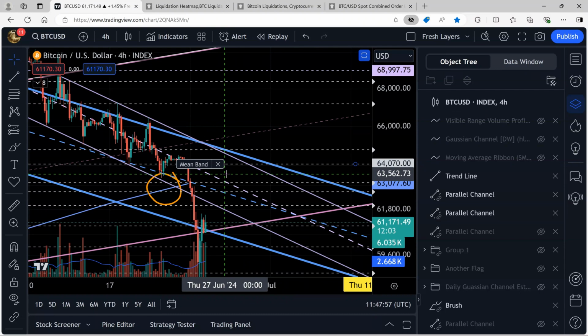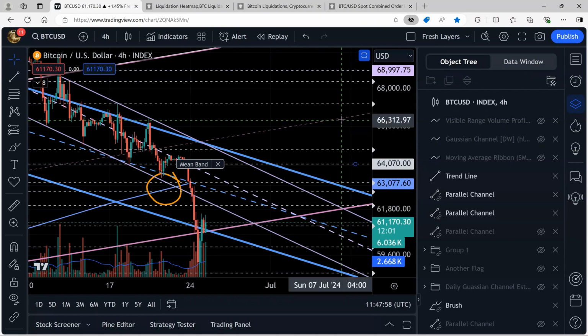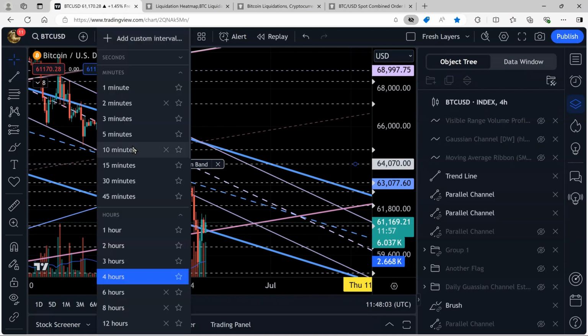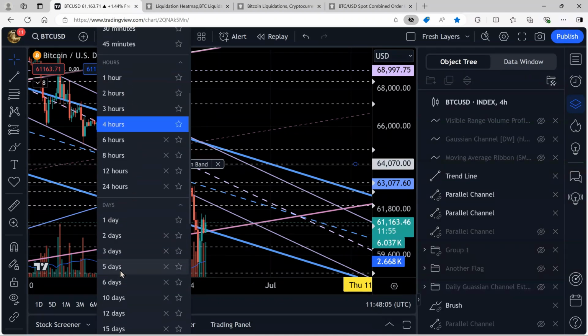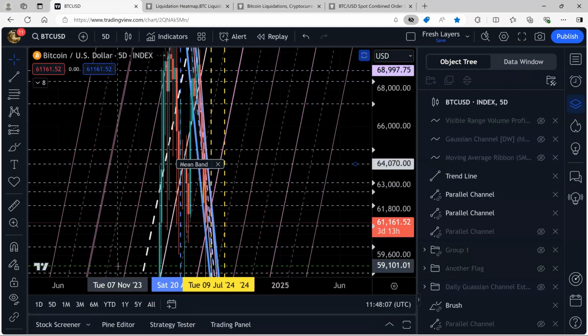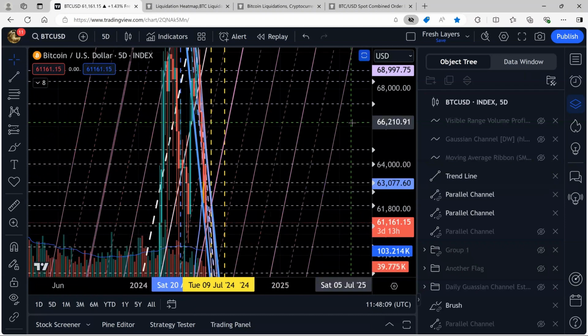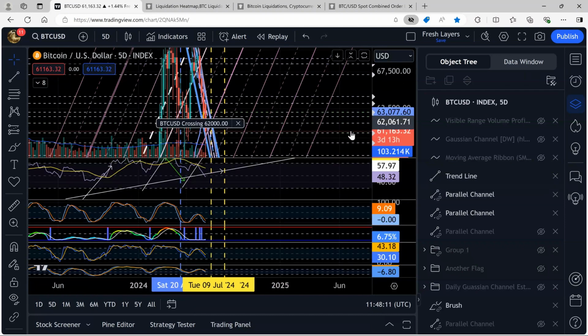If we do get super bullish here, let's look at the 5 day chart. Got this extreme low volatility. It hasn't expanded yet on the 5 day chart.